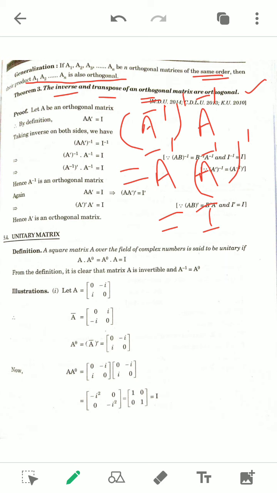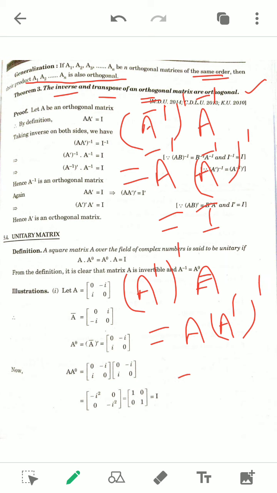Similarly, if we have to prove A transpose is also orthogonal, then we prove A transpose A equals A A transpose equals the identity matrix. So in this we prove these two results.